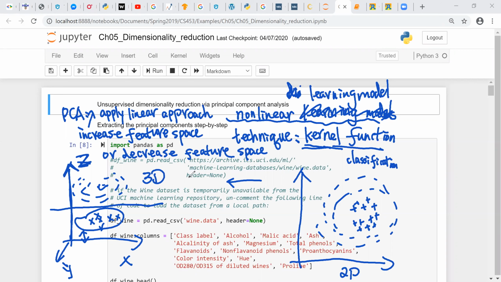Basically this kind of data distribution, you can still linearly separate them. You just need to find a new feature space, a new feature axis, so that it will be separable along that new feature axis. So you increase features so that you can apply linear approach. This is the basic idea for kernel.